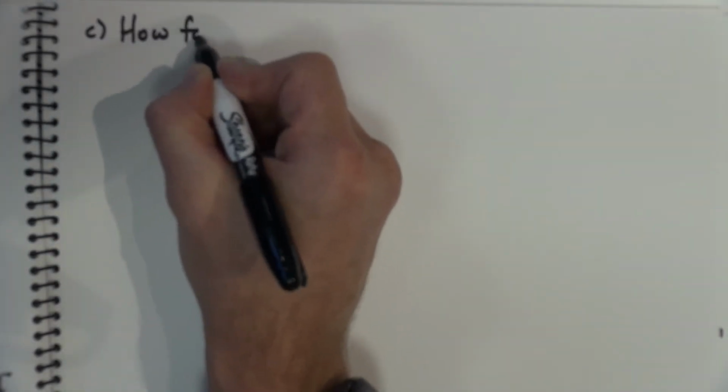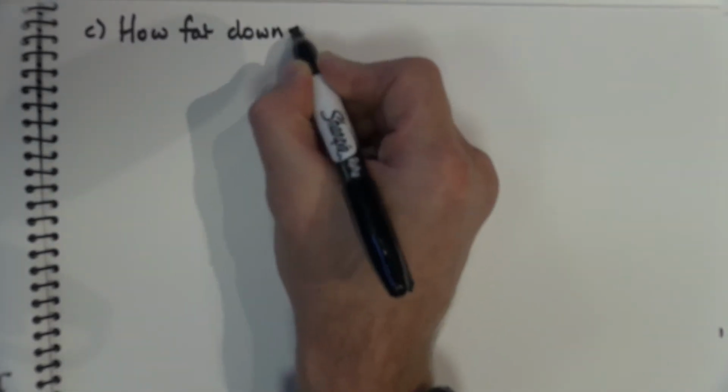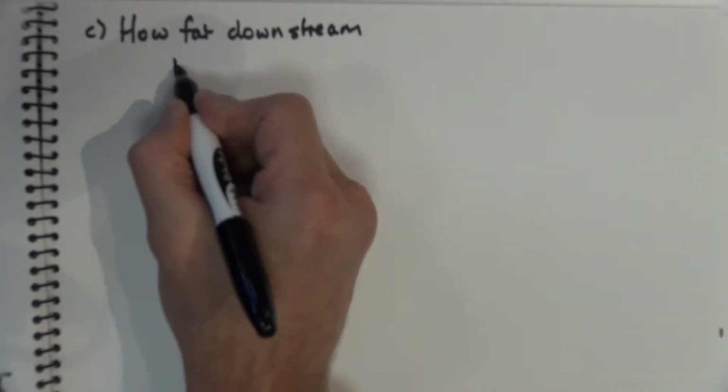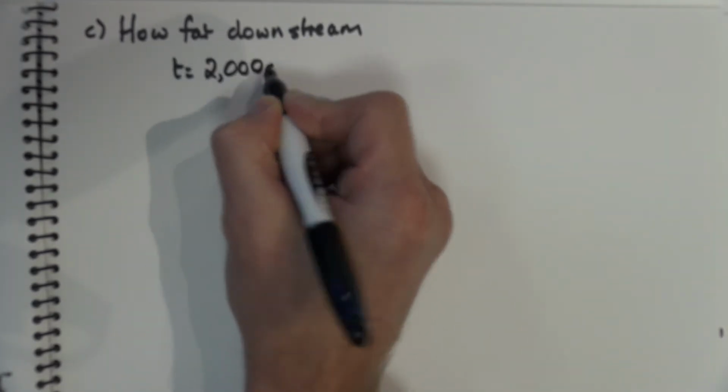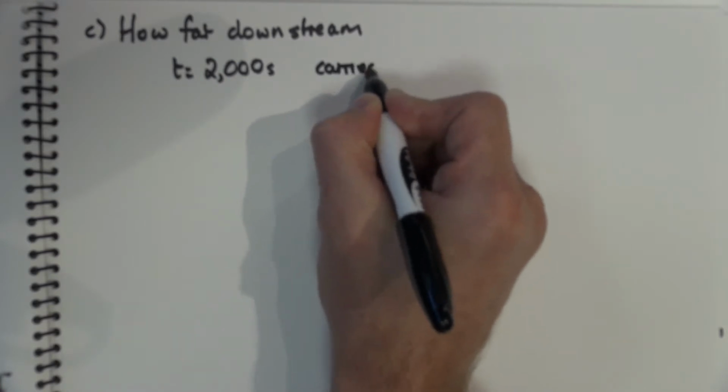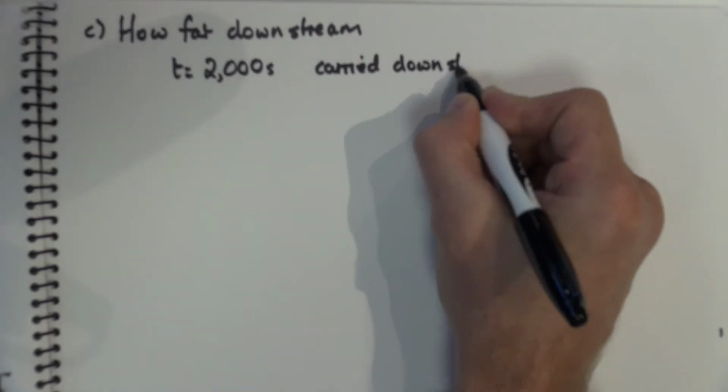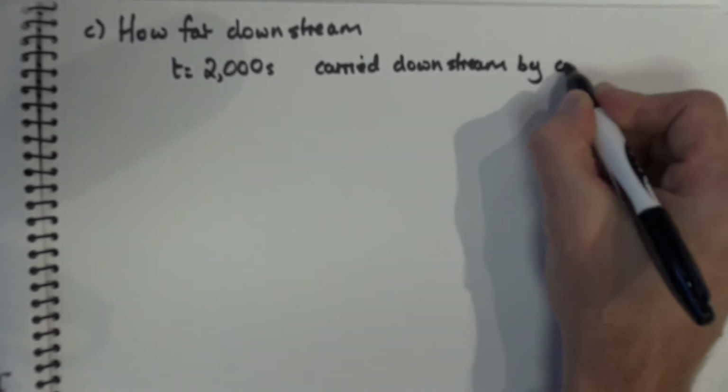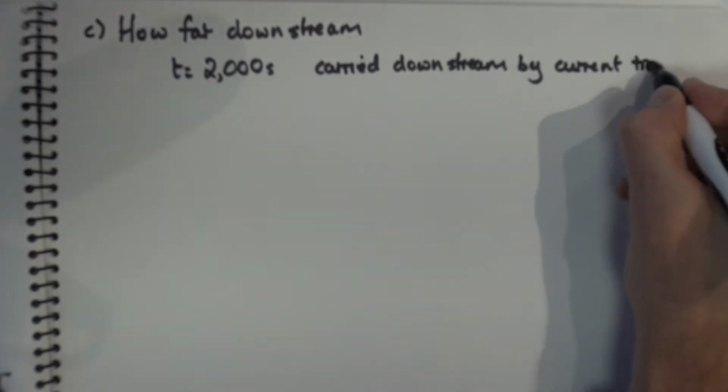So I know my time is 2,000 seconds. Now I want to work out how far downstream the boat will travel if it follows this path. I know the time is 2,000 seconds and it's carried downstream at a speed of 5 meters per second on the current.